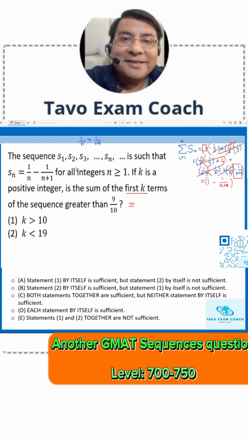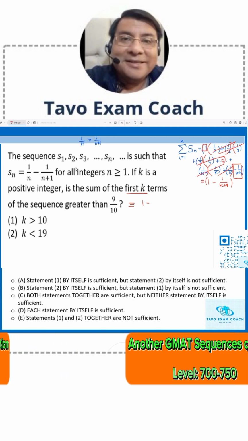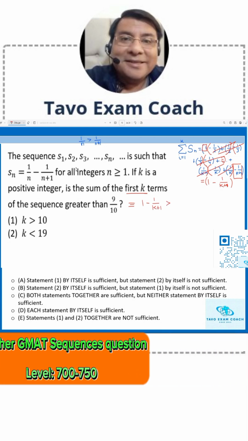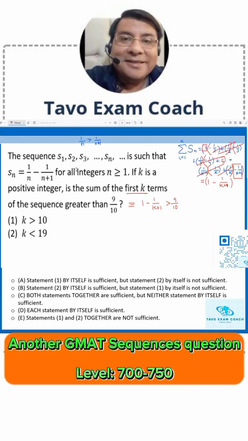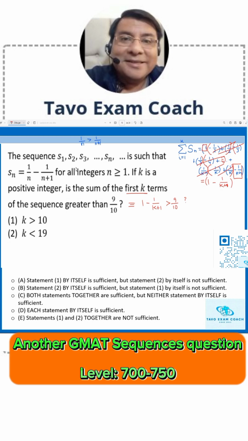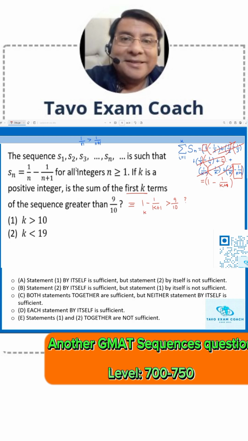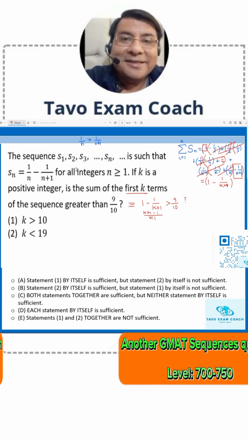So what does this allow us to do? In terms of reformulating the question, what we are being asked is this: is 1 minus 1 over k plus 1 greater than 9 over 10? And now we can see that we can easily change this into a question that is only about the value of k. Take a look. We give a common denominator, and we have k plus 1 minus 1 over k plus 1.